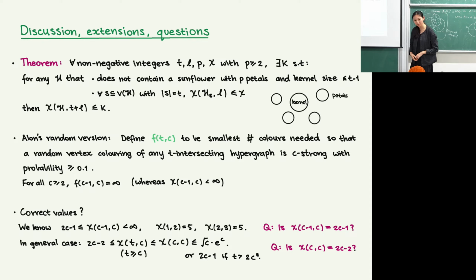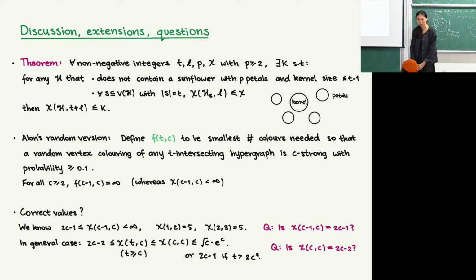So one thing we can actually say is that in that case, if the chromatic number is very large, it's because there is some link whose chromatic number is equally large, and there's really no difference between coloring the worst link and coloring the entire graph, when the C strong chromatic number of a C minus 2 intersecting hypergraph is very large.